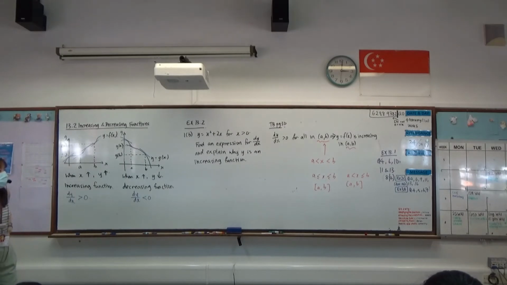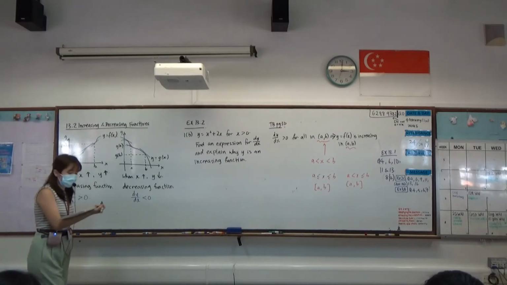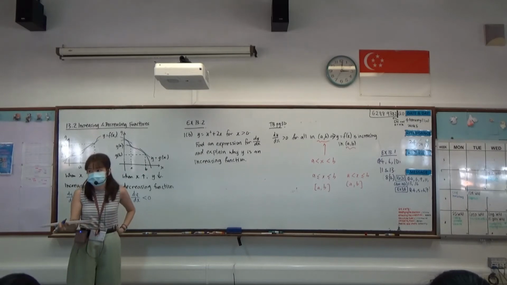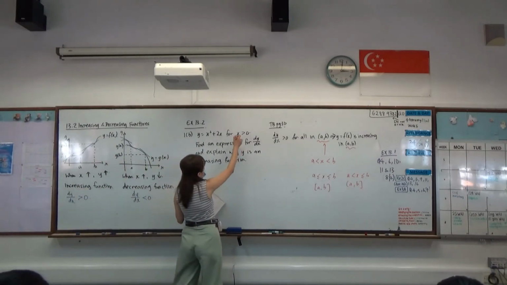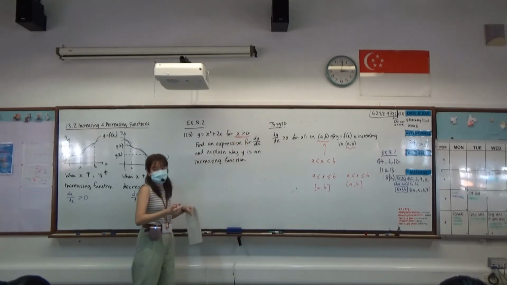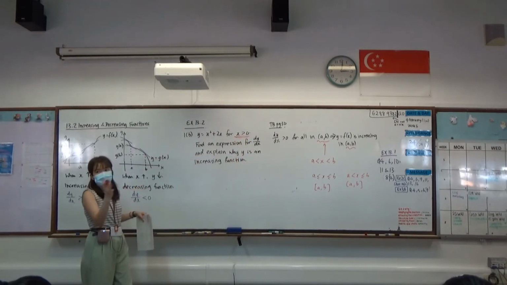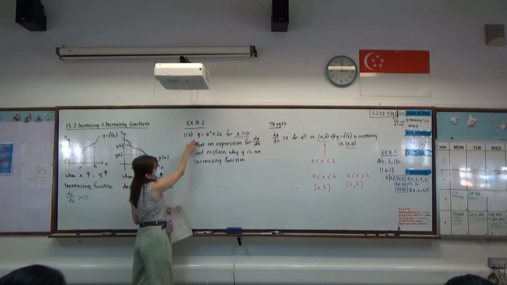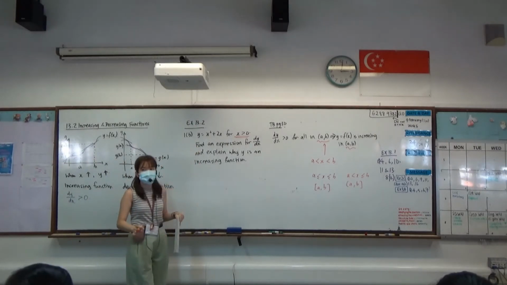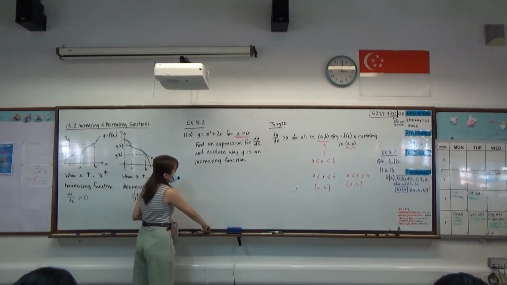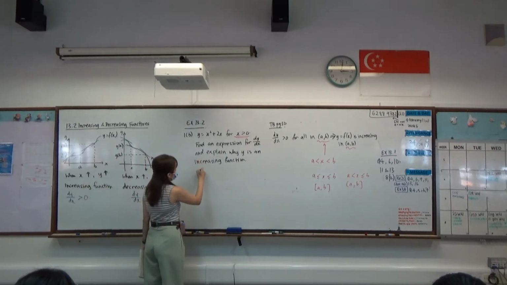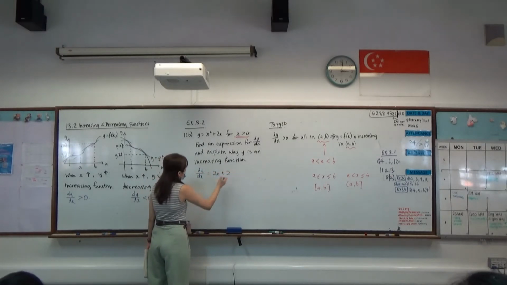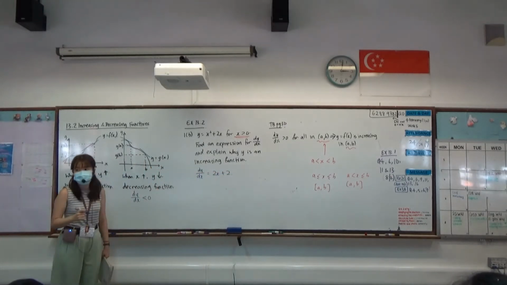Looking at 1b, we are given y equals x squared plus 2x for x more than 0. In this question, they strictly specify that we're only looking at this interval. You're not looking at the other part of this quadratic expression. We want to find the expression for dy over dx and explain why y is an increasing function. So we first look at the derivative, and that will be 2x plus 2.